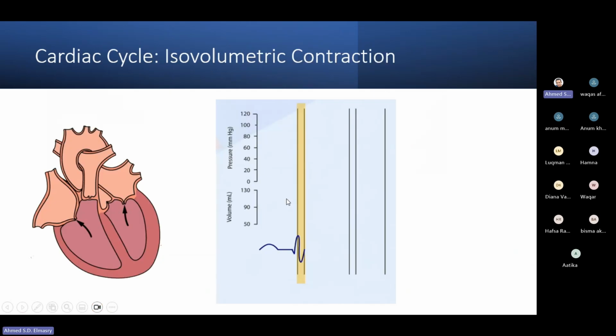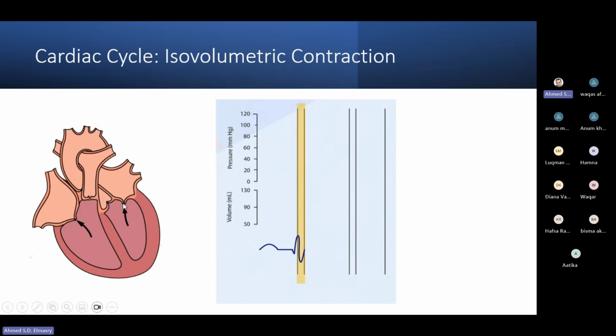So going to the first part of the cardiac cycle, which is the isovolumetric contraction phase. It is called isovolumetric because in this phase there is no change in the volume inside the left ventricle. In this phase, the mitral valve will start closure, and at the same time, the aortic valve is still closed.